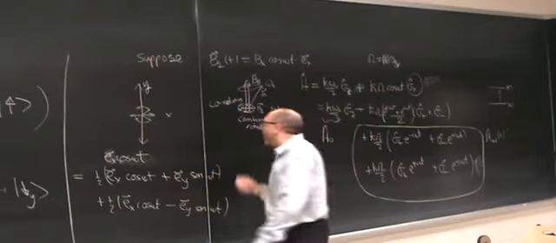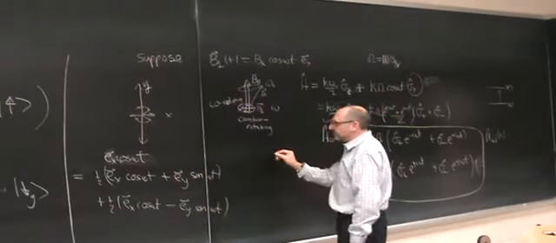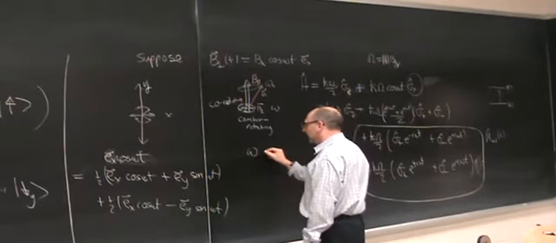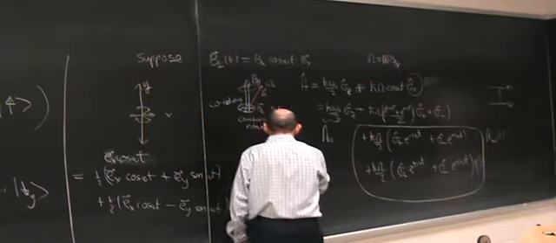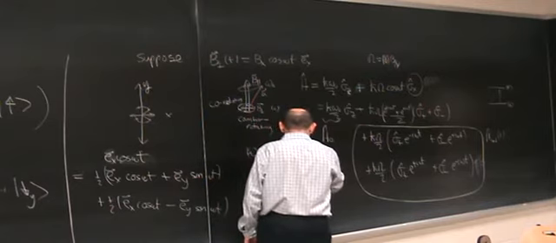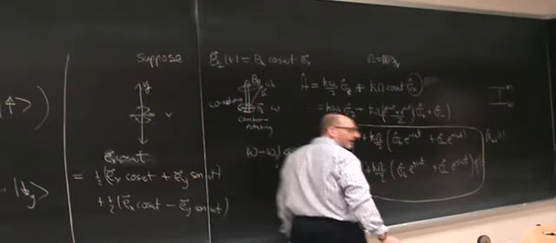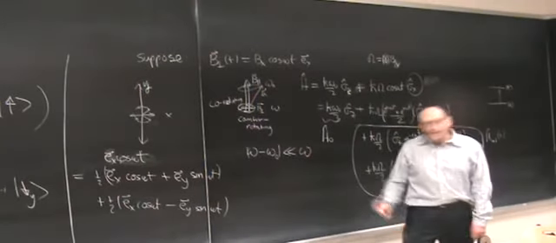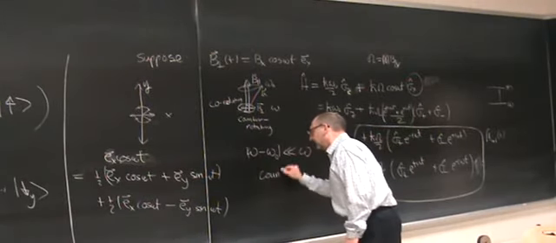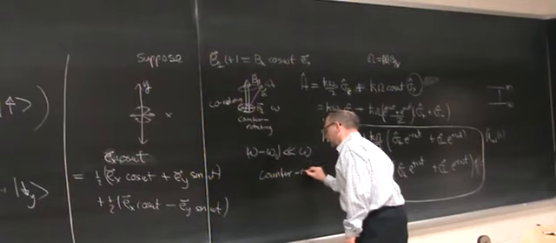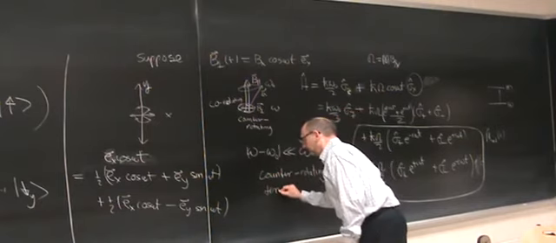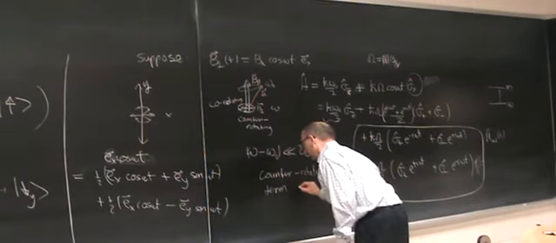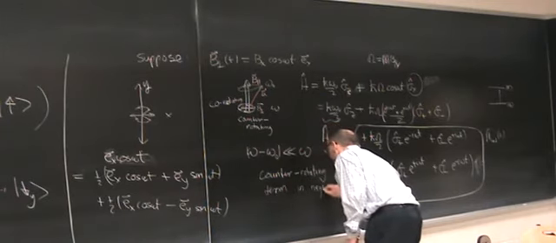So if the magnitude of omega minus omega naught is much, much smaller than omega, the counter-rotating term is negligible.